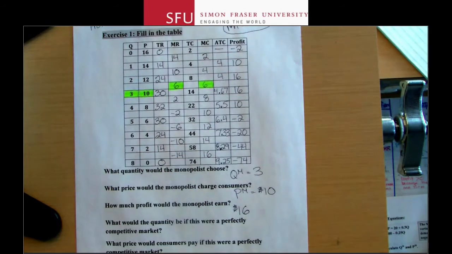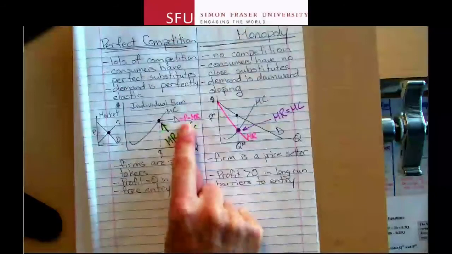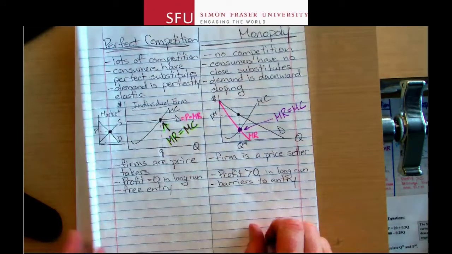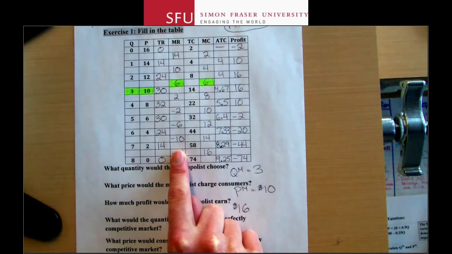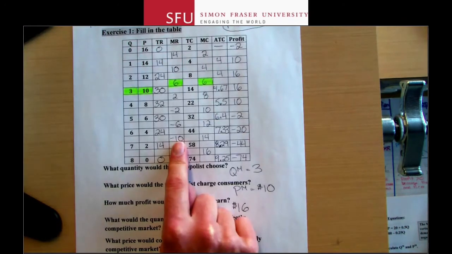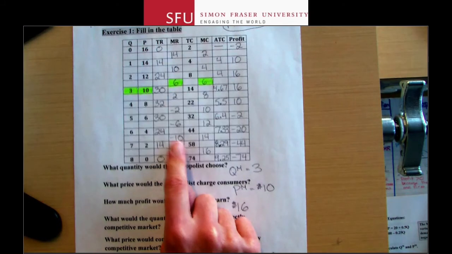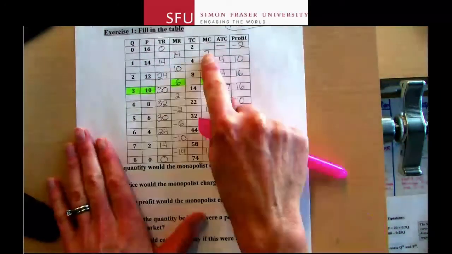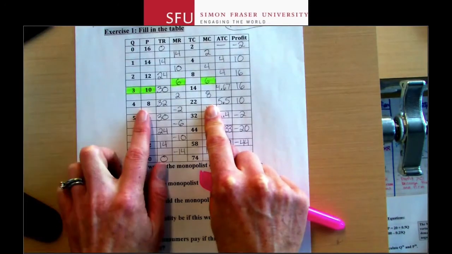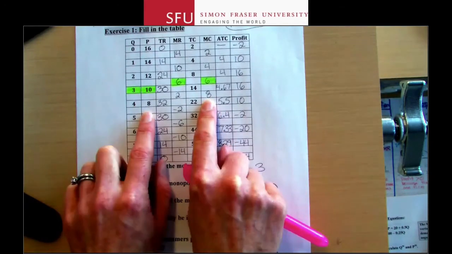But if it's a perfectly competitive market, then what we're looking for is just this equilibrium where the price equals the marginal cost, and then we would ignore this column because we would not have a marginal revenue, or we would, but it would be the same as the price, right? So it's not this here. It would be whatever the price is, and the price would be wherever there's the equilibrium between demand and supply. So here's marginal cost, supply, demand. Where do we have an equilibrium? Right there, $8.